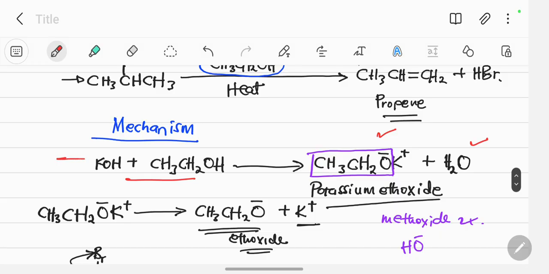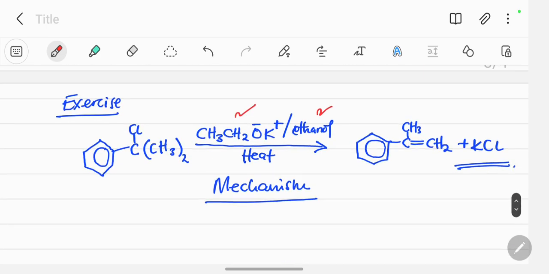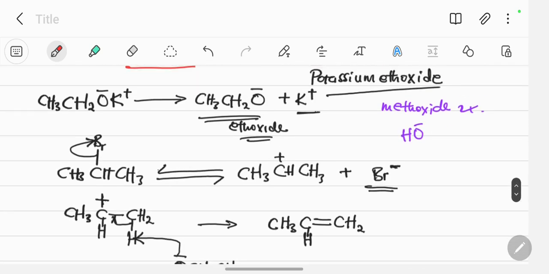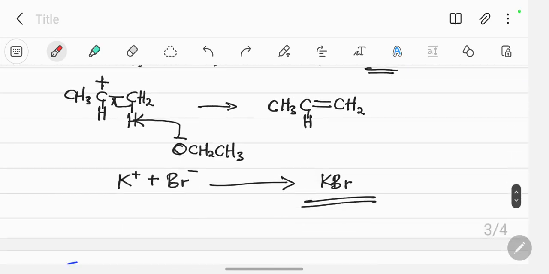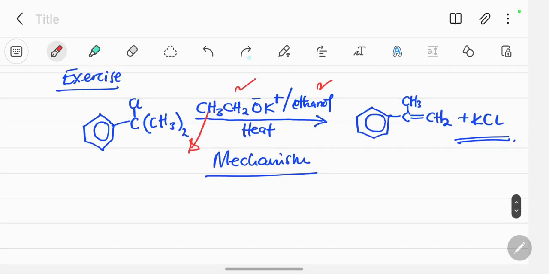Already they have dealt with that reaction, and we are given this. So you begin with that reaction there. Don't go back to that. So that is it.